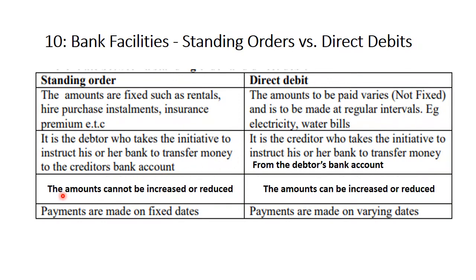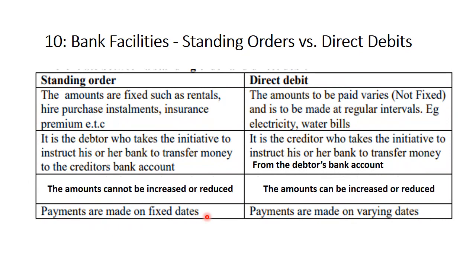Another one is that the amounts cannot be increased or reduced. So in standing order, we're talking about fixed amounts, hence they cannot be increased or reduced. In direct debit, they can be increased or reduced because they are not fixed. Then another key difference is that in a standing order, payments are made on fixed dates.